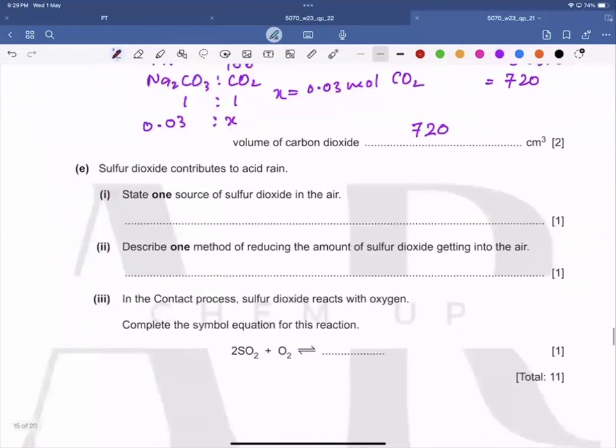Now, E part. Sulfur dioxide contributes to acid rain. State one source of sulfur dioxide in air. Yeah, very good, Rahim. It's the combustion of a fossil fuel.